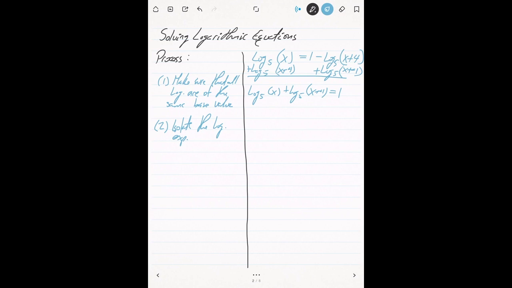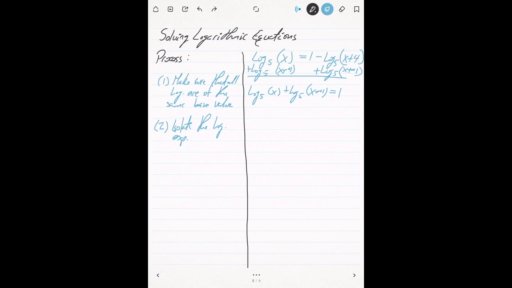Well, wait a minute. We know what to do when we add logarithms together, don't we? We can condense this expression down. If you're adding logarithms, and again, they have to be of the same base. If these bases were different, these properties wouldn't work.